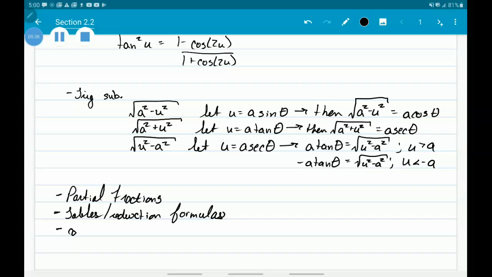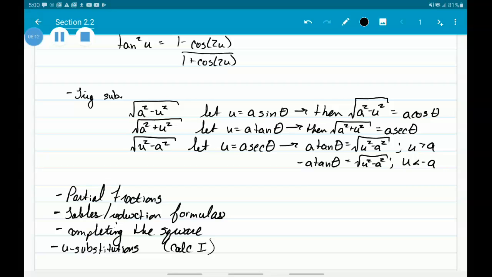We talked about completing the square. That really helped us with some of those inverse trig functions. And then u substitution, which is something we actually started talking about in Calc 1. So all of those are different techniques to help us integrate something.